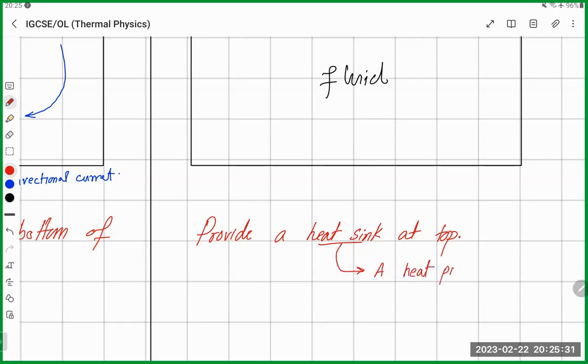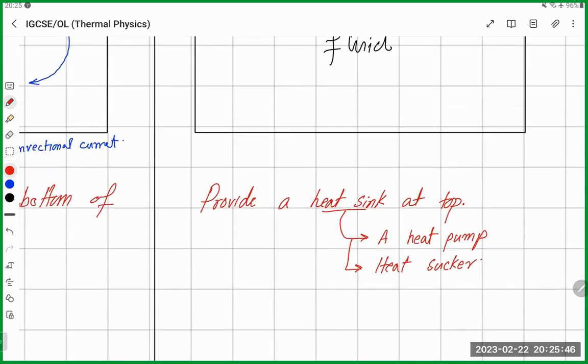heat pump or heat sucker, something that can suck heat energy out, or cold source.